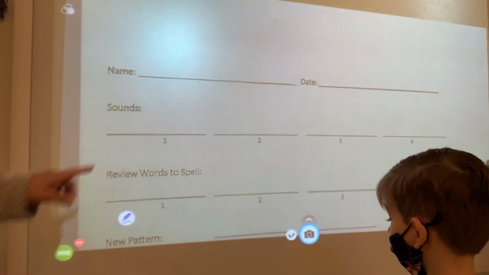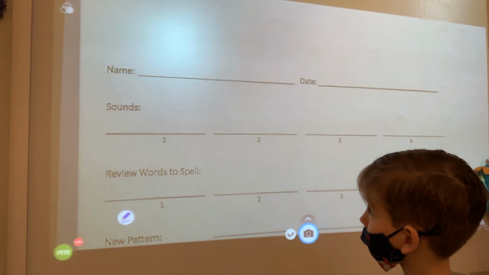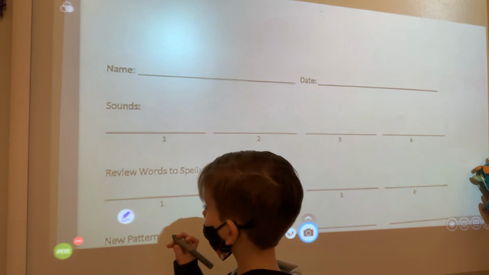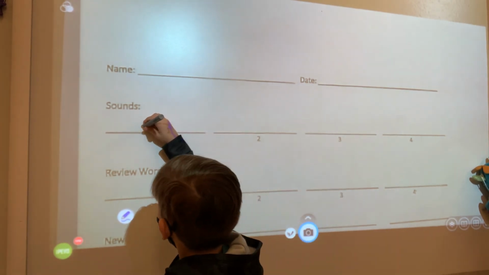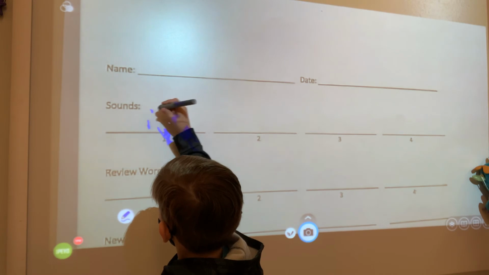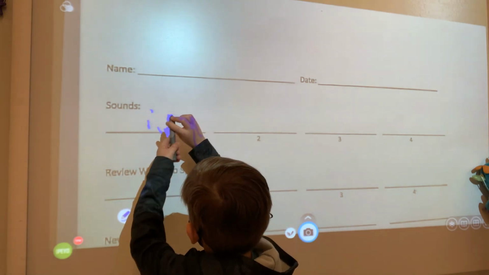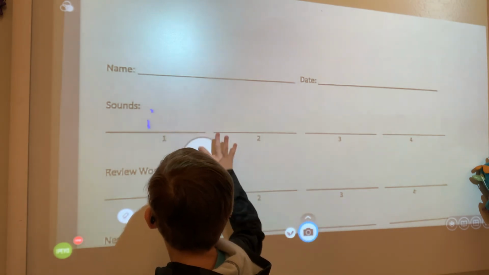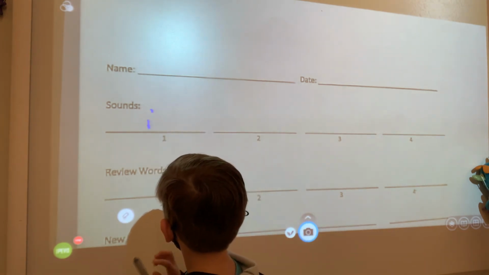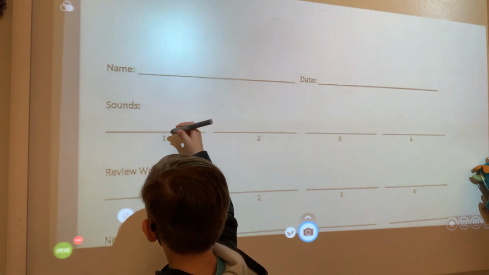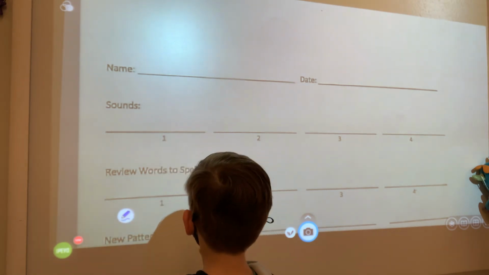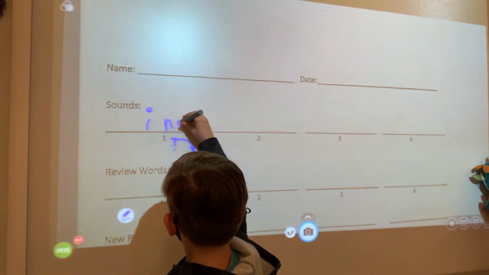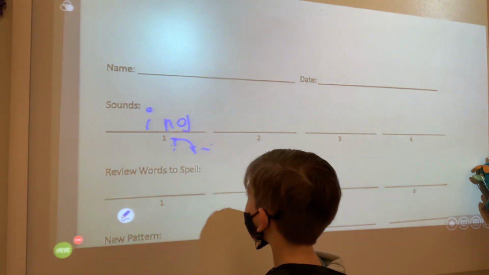All right. So the first sound, see if you can get yours written before he does and see if yours is right. First sound is ing, like in sing. Got it. What happened there? Sometimes you might have to pull your sleeve up because sometimes your sleeve will hit the screen. All right, first sound was ing. Excellent. Second sound is id, like planted.